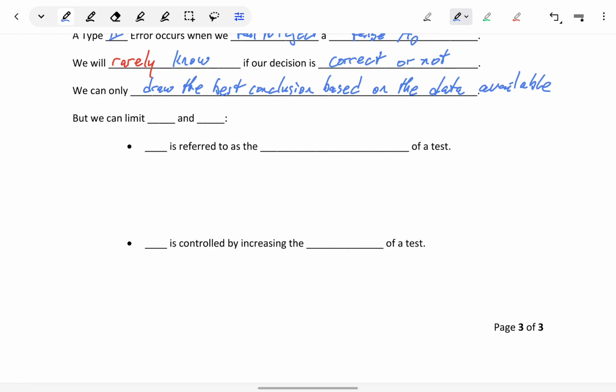We can help ourselves along the way by limiting both alpha and beta, meaning reducing the probability of those two types of errors. Alpha in a hypothesis test is referred to as the significance level.